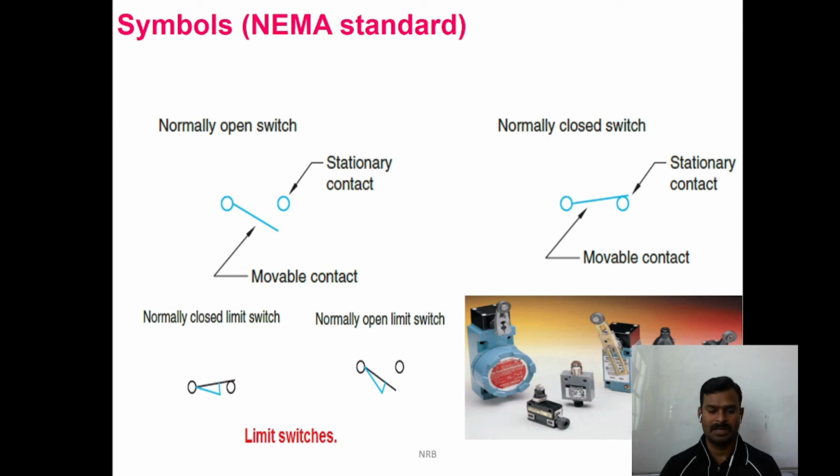Sometimes with pick and place type robots, you need to achieve 180-degree rotation or 70-degree rotation. So you can fix the limit switch where the arm rotates, and when it closes at that particular area, it gives a signal back to the control circuit, and it either breaks or closes the circuit, so the operation stops there. That is one important application of limit switches.